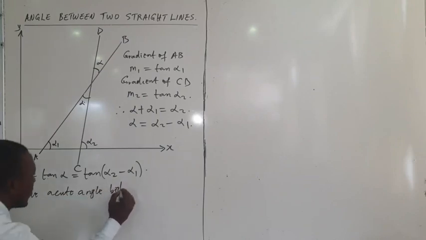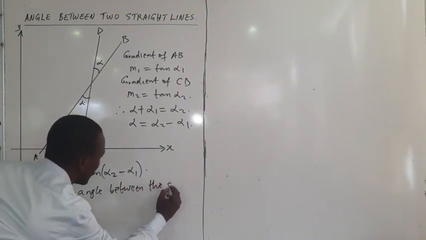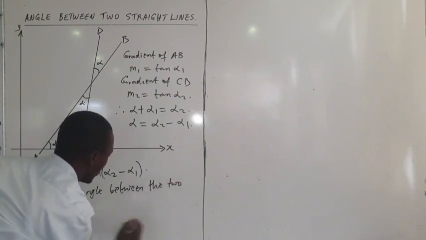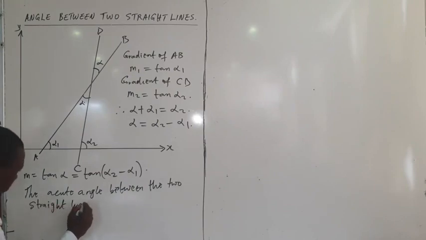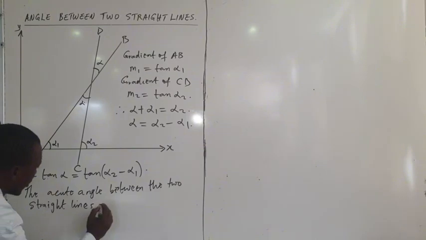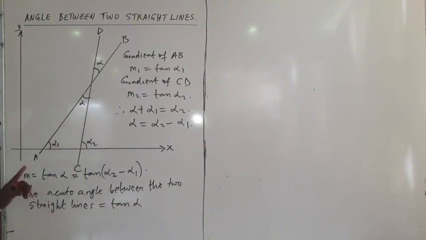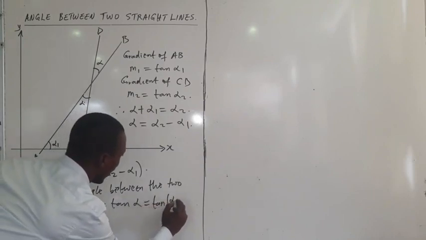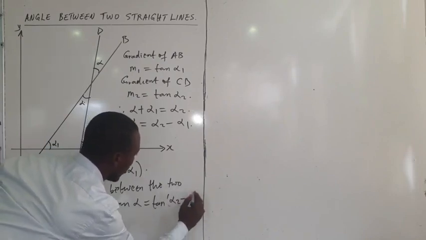So the acute angle between the two straight lines is given as tan alpha. And what is tan alpha? Tan alpha is the same thing as tan of alpha 2 minus alpha 1.